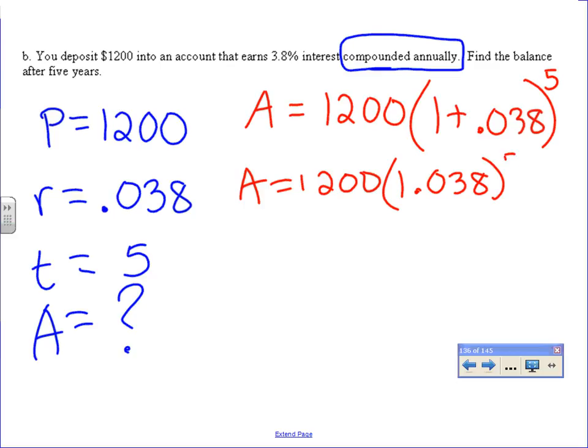So after you have this in parentheses, 1 plus 0.038 is 1.038. I need you to type in your calculator 1.038, put a caret, and then 5 to raise to the 5th power. So what is that? Neil, what is that?